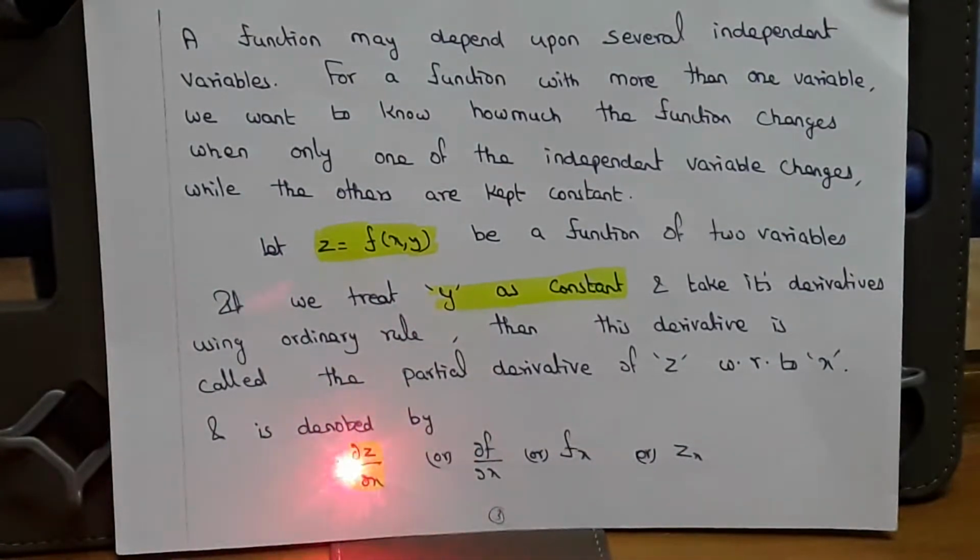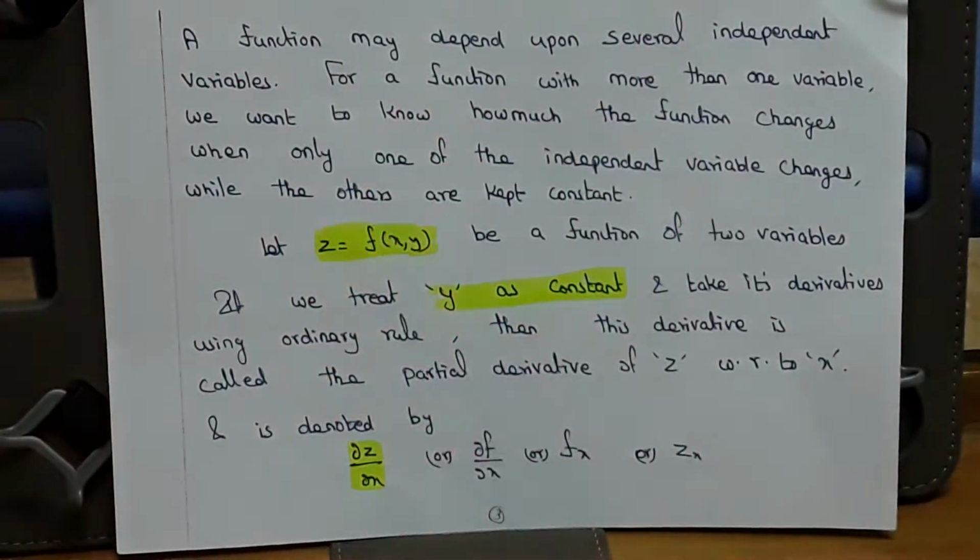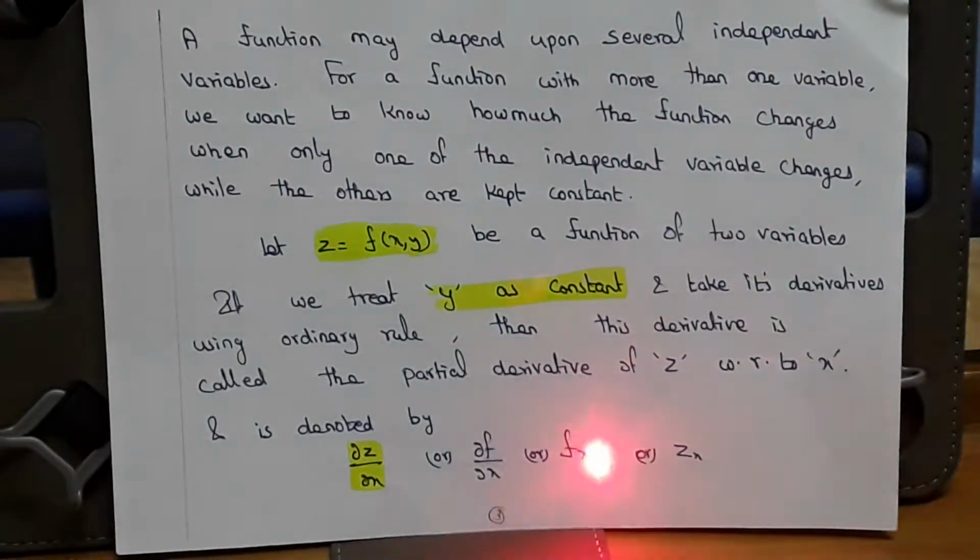Because z is equal to f of x comma y, we can write dou z by dou x or dou f by dou x, or f suffix x or z suffix x. These represent the partial derivative of the given function with respect to the one variable x. In this case, we are keeping the other variable y as a constant.